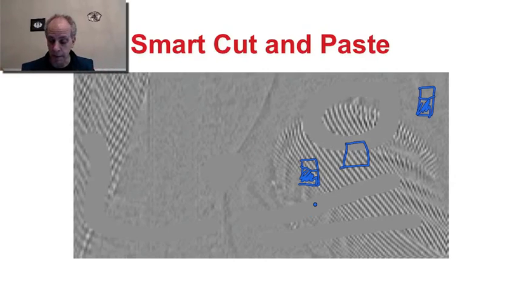Let us assume that I find one. For example, I find it here. And we draw the region and we say, okay, this is very similar to this here. So how can I fill this region? I basically copy this. The unknown becomes the known part of the matching patch.